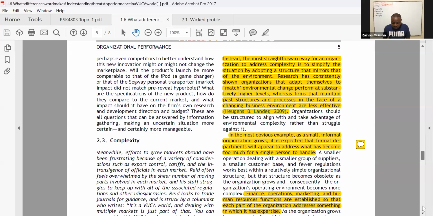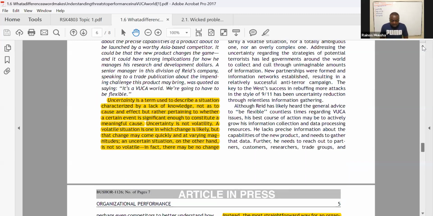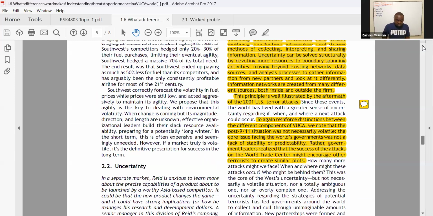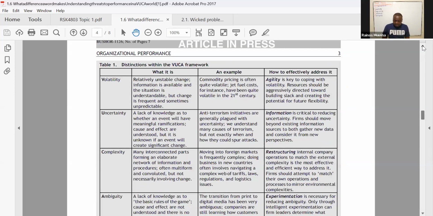So which means when you look at the issue of uncertainty on table 1, where you look at discussion of uncertainty, they say what it is, uncertainty is a lack of knowledge as to whether an event will have meaningful ramifications.